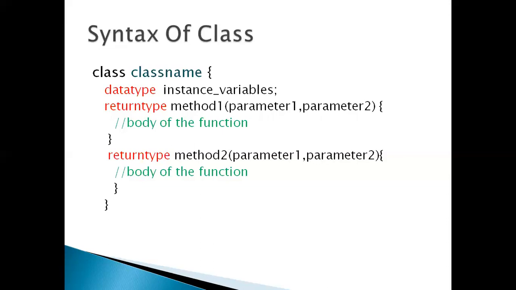These parameters can be one or more than one. Similarly, we can have one or more than one methods in our class. So here we have two methods in our class. One important point to note is that there might be zero parameters also in a method.